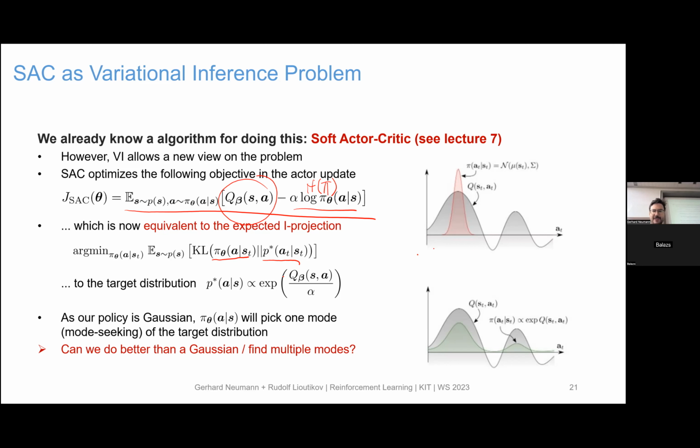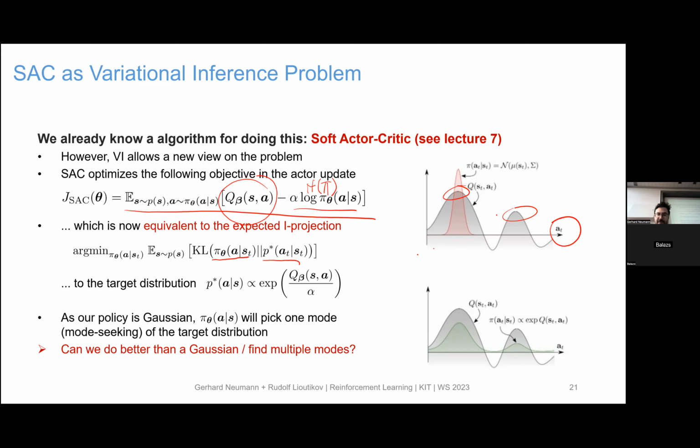Having a look at the right side, where it's visualized, for example, if the Q function looks like this, with the actions on the x-axis, for a constant state, just for the same state. The Q function would look like that. It is quite good here, so it has the optimal solution. Here it also has a good solution, but it's not as good as the other one.